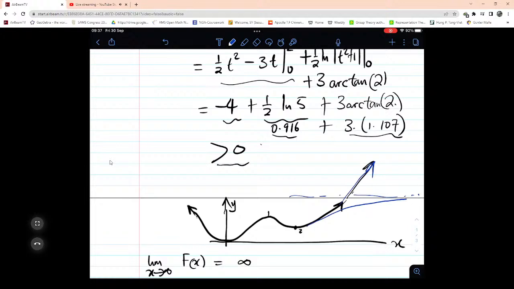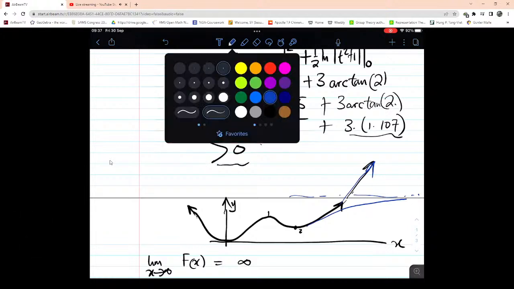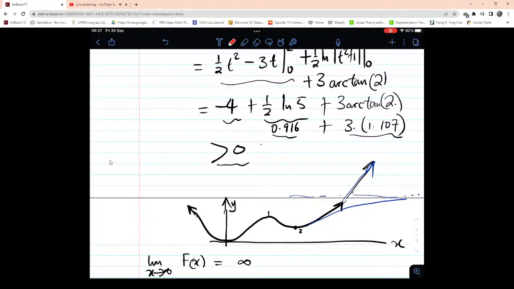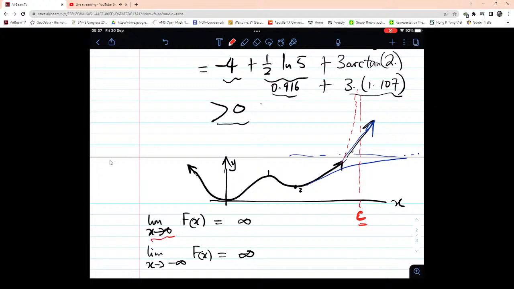Same applies to vertical asymptote. If it went like that, it would still be increasing, but maybe there's some value, I'm going to call it C, such that even though it's increasing, it doesn't pass C. And in this case, we see that as x tends to infinity and to minus infinity, there are no problems of that sort.